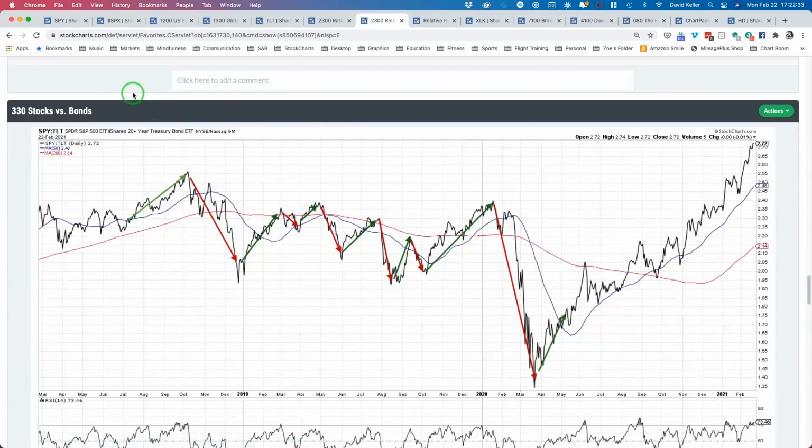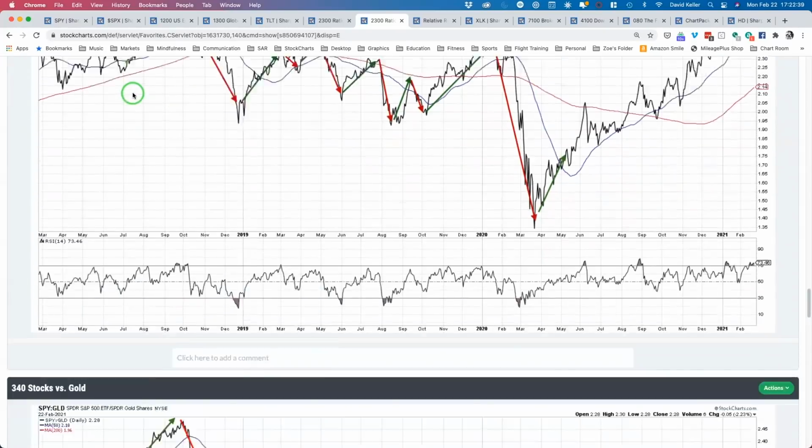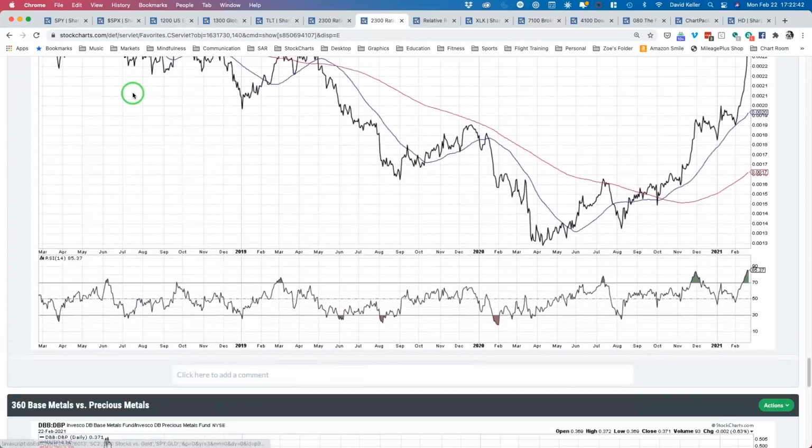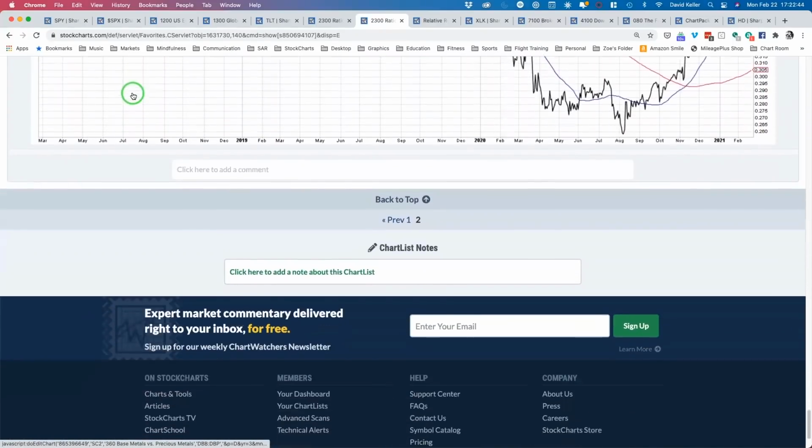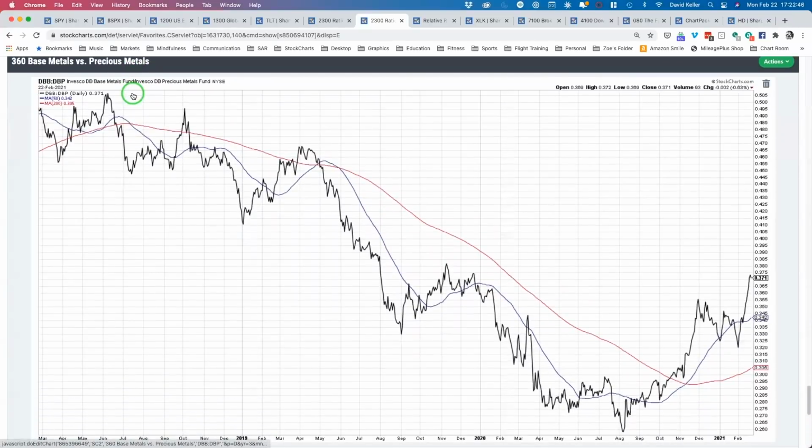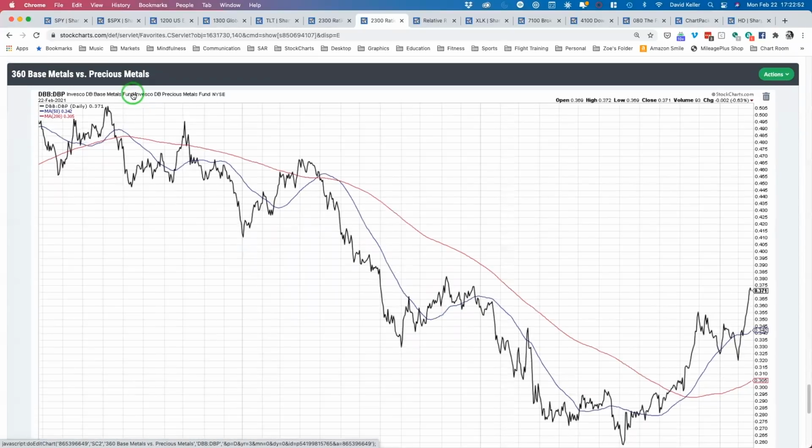Now, further on, we don't have time to go any further on my ratio list, but I would encourage you to do it. Things we would look at beyond this would be things like copper versus gold, stocks versus gold, different sort of big picture relationships, and finally, base metals versus precious metals, things that speak to economic expansion versus safe havens like precious metals.